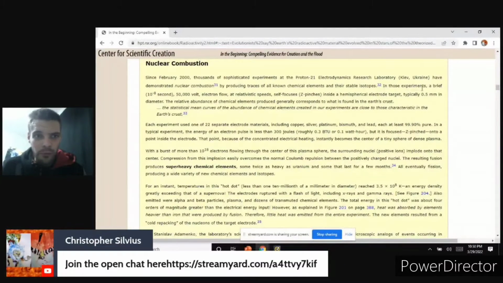In those experiments, a brief 50,000 volt electron flow at relativistic speeds self-focused Z-pinches inside a hemispherical electrode target, typically 0.5 mm in diameter. The relative abundance of chemical elements produced generally corresponds to what is found in the Earth's crust, and so the statistical mean curves of the abundance of chemical elements created in our experiments are close to those characteristic in the Earth's crust.